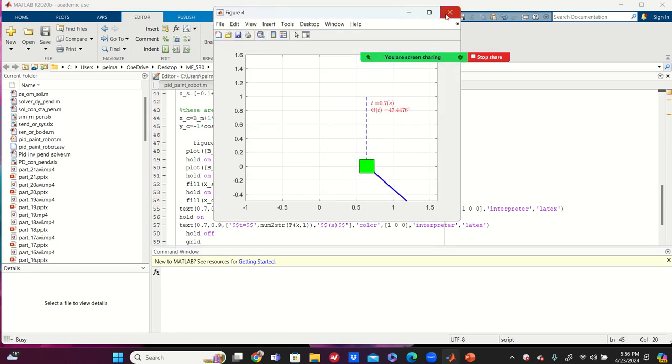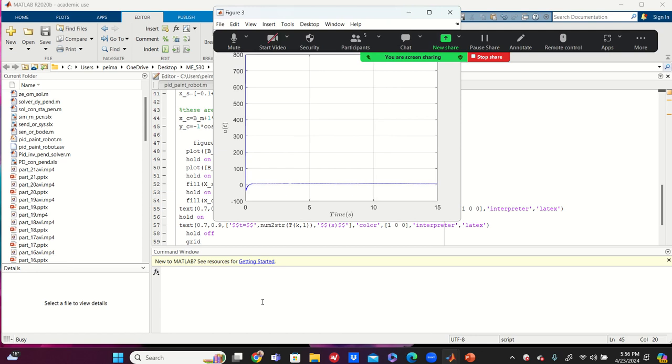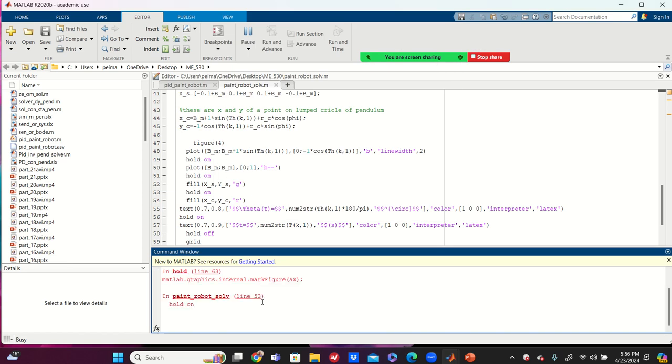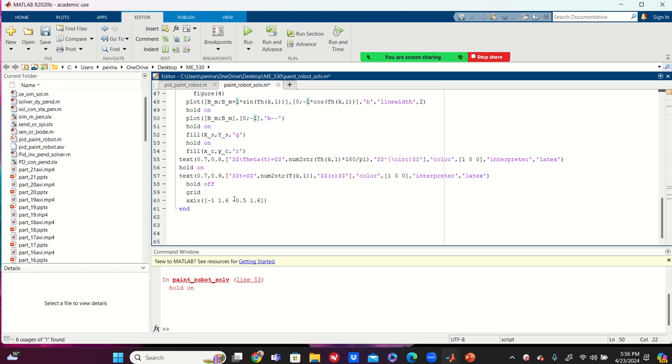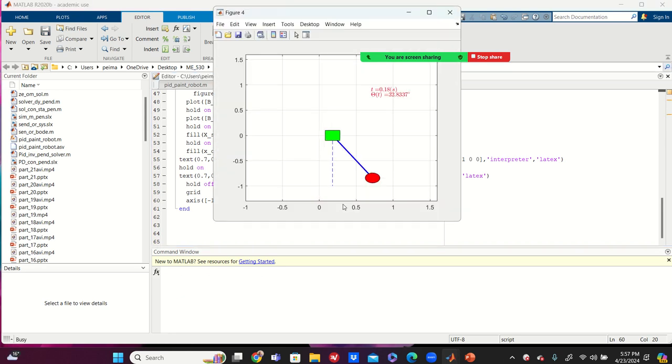Yes. Okay. Now let me change the direction. And it's gonna be minus L. Everything I'm changing. And here minus 1.6. Minus 1.3. Oh, that's right. Here we go, guys.